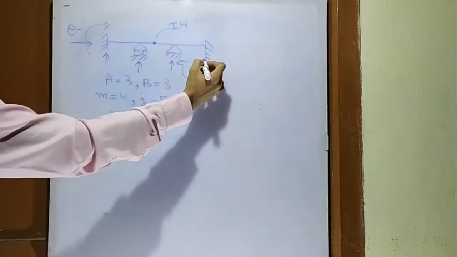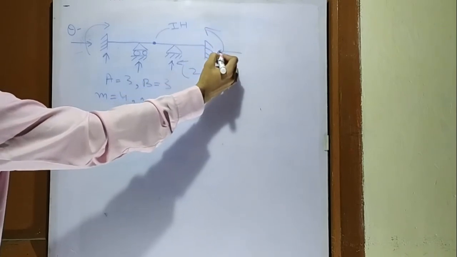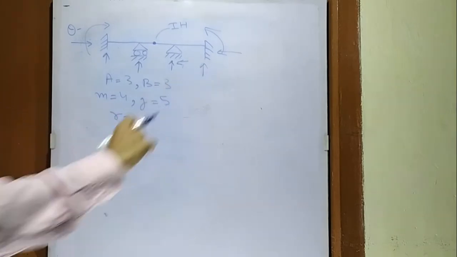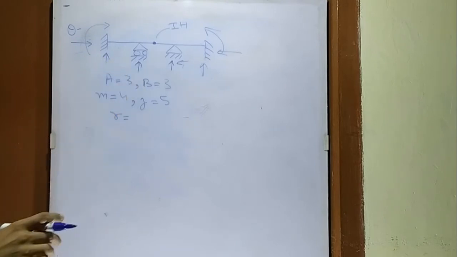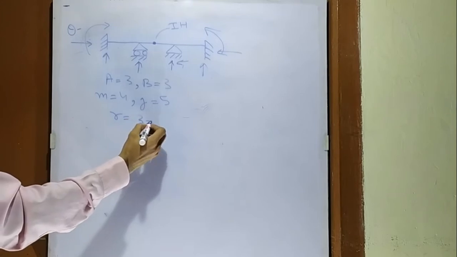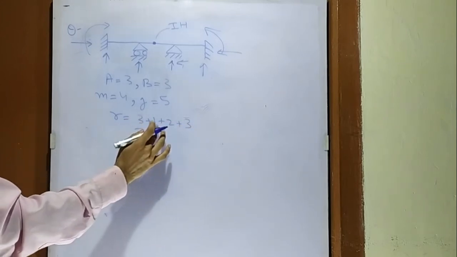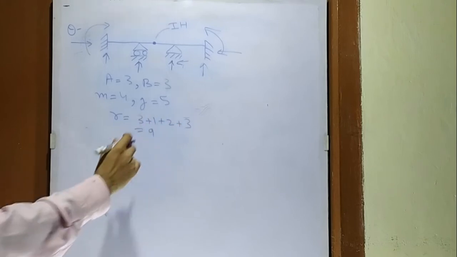And this is also a fixed support, there will be a moment, a horizontal reaction, and a vertical reaction. So from here we can count very easily 3 plus 1 plus 2 plus 3, which comes out to be 9.